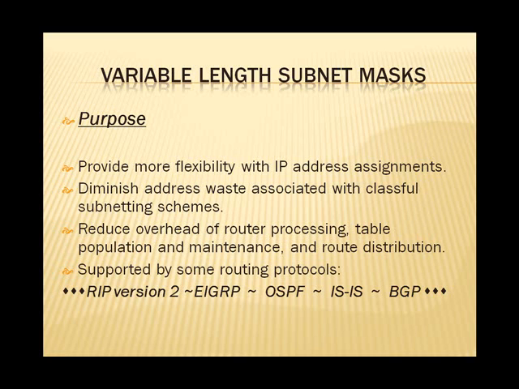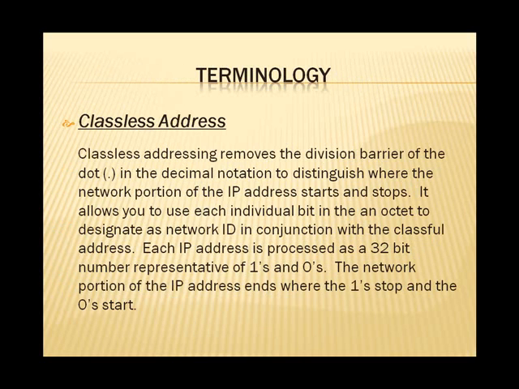It is supported by several routing protocols: RIP version 2, EIGRP, OSPF, IS-IS, and BGP. Because of the multiple subnet masks that are used, these are determined to be classless addresses.